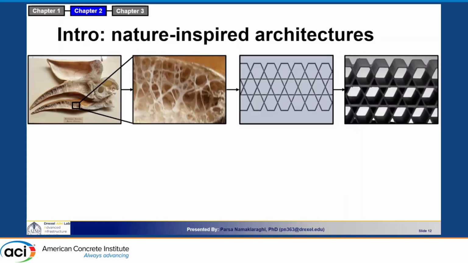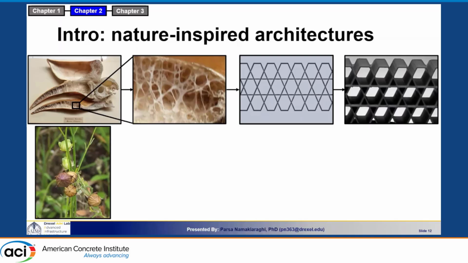And based on that, we decided to design cellular architectures, and cellular here refers to architectures that have cell units that are perpendicular to the loading in this case, and also perpendicular to the tension that the material is going to carry later.